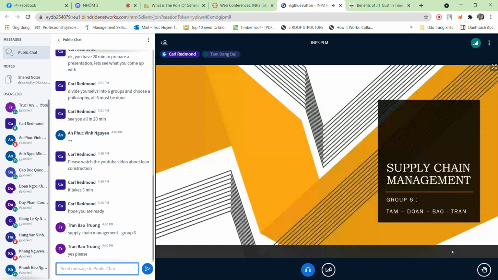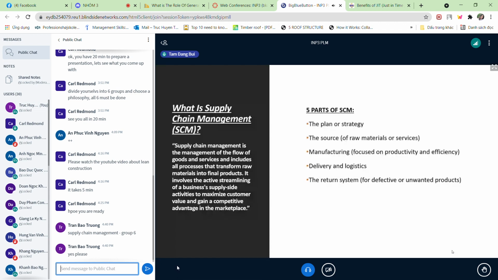Great. So our group 6 today will talk about what we have found about supply chain management. Supply chain management is the management of the flow of goods and services that includes all processes that transform raw material into the final product. You oversee the entire management of the supply chain.